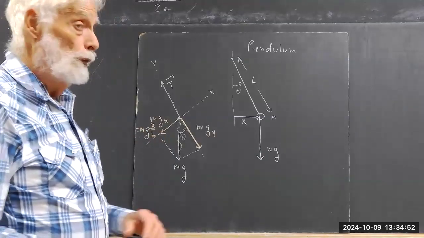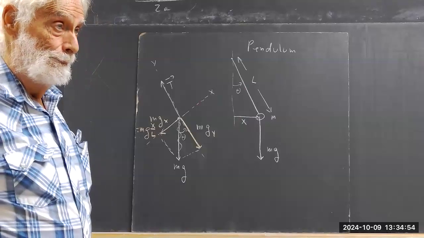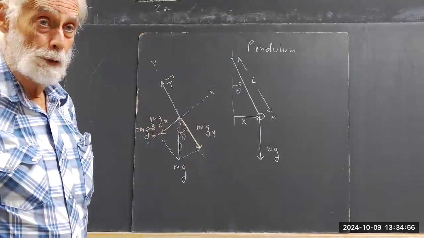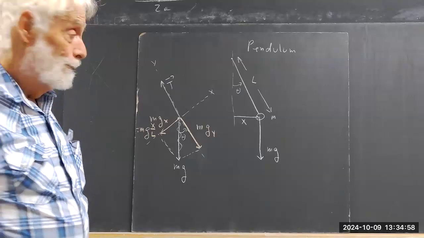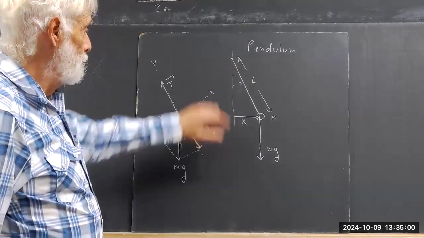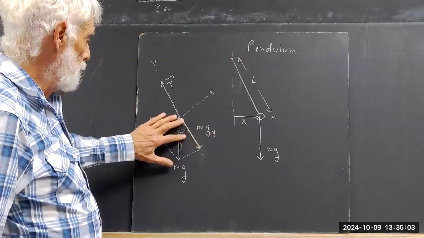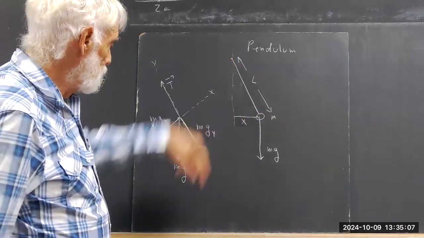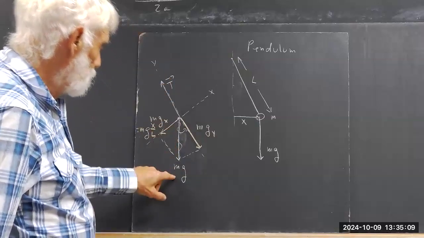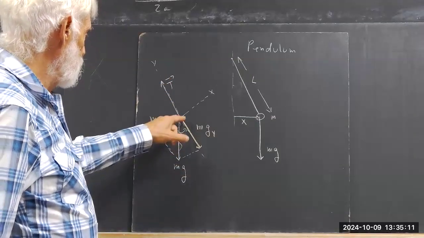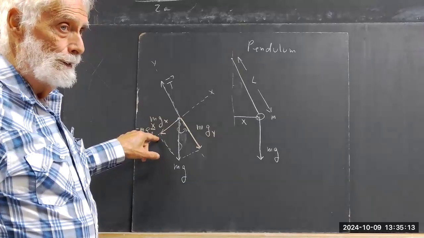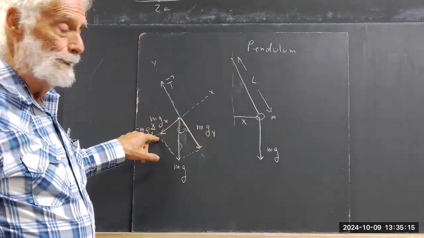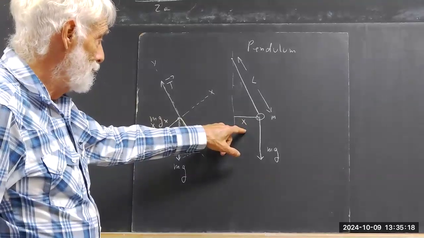You don't need the sine. You don't need theta. I never said anything about theta when I drew this, did I? Put theta in there because you probably wanted to see it in order to think about the triangle. But now, this being congruent to this, your hypotenuse is MG, and this side corresponds to this.